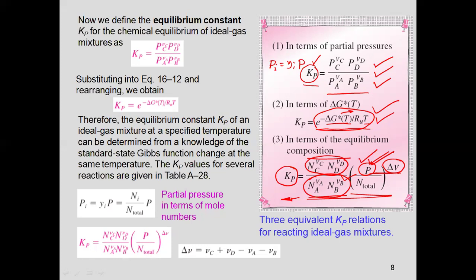If I increase pressure, then the number of moles of the reactants will increase in the equilibrium composition compared to the products. Therefore, the denominator will increase and the numerator will decrease, and this term will decrease and this term will increase. The composition changes accordingly, and the value of Kp is kept constant.